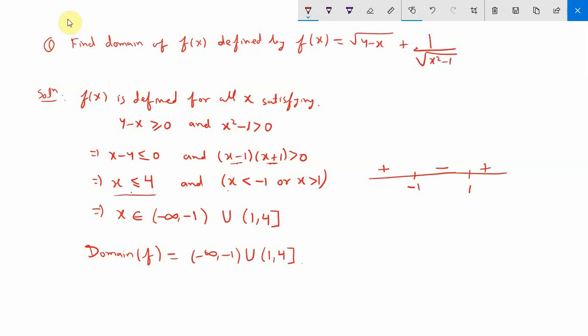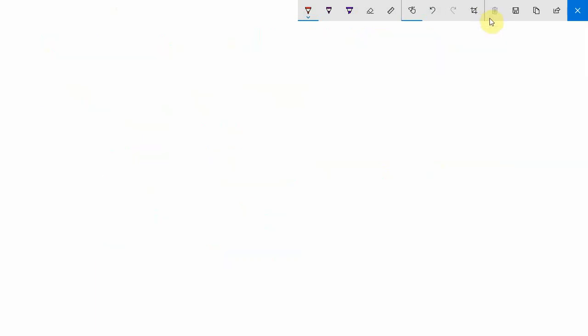So these are problems related to the domain of a function. Next, we will discuss the range of real functions. So let me clean this. Range of real functions.